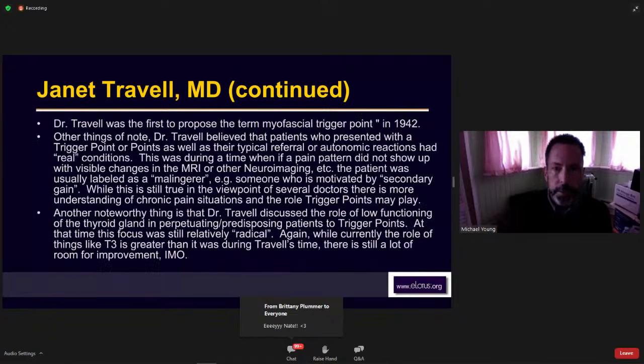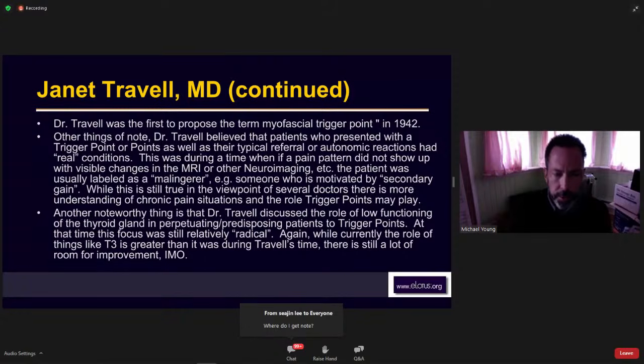So Travell was the first to propose the term trigger point, as I mentioned, in 1942. She believed that patients who presented with trigger points, as well as their typical referral or autonomic reactions, had real conditions. This was during a time when, if a pain pattern didn't show up with visible changes in the MRI or other neuroimaging, the patient was usually labeled as a malingerer and someone who's motivated by secondary gain.